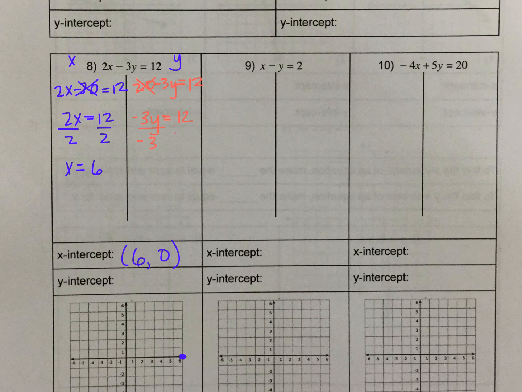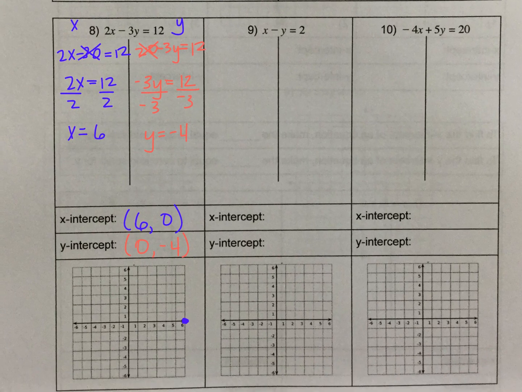Divide by negative 3. y equals negative 4. So I write 0, negative 4 at the bottom. And I'm going to go over none and down 4. So my y-intercept is right there. And then I draw a line to connect them. So that's how we graph them.